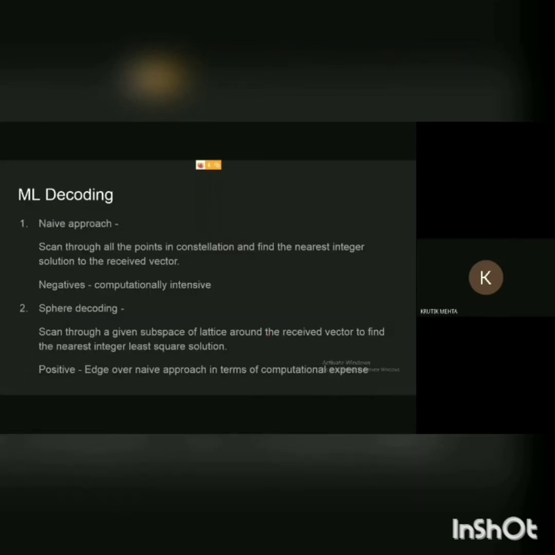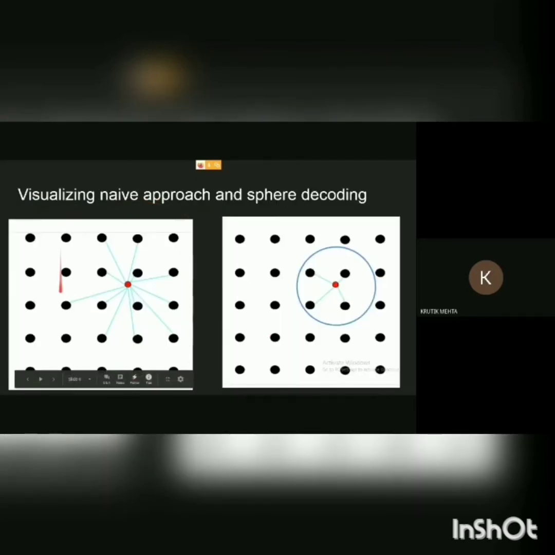So how do we approach the problem? One obvious way is the naive approach. We scan through all the points in the constellation and find the point which has the minimum distance. It can be represented in this fashion: we take the distance of the red point from all the black points, and whichever distance comes out to be the minimum, we take that black point as the transmitted point.